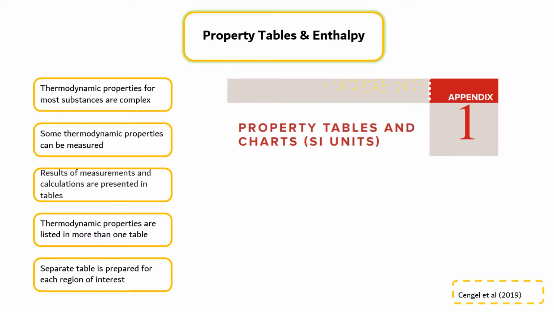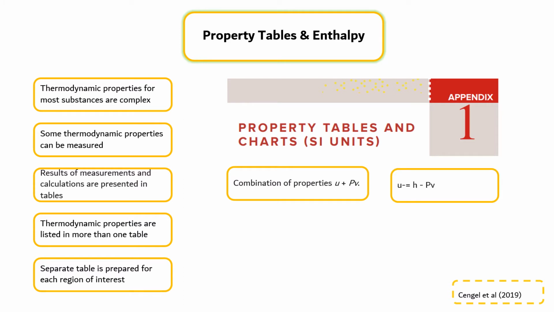For the sake of simplicity and convenience, this combination is defined as a new property, enthalpy, as shown in equations 4.1 and 4.2. In some tables encountered in practice, the internal energy U is frequently not listed, but it can always be determined from U equals H minus PV.